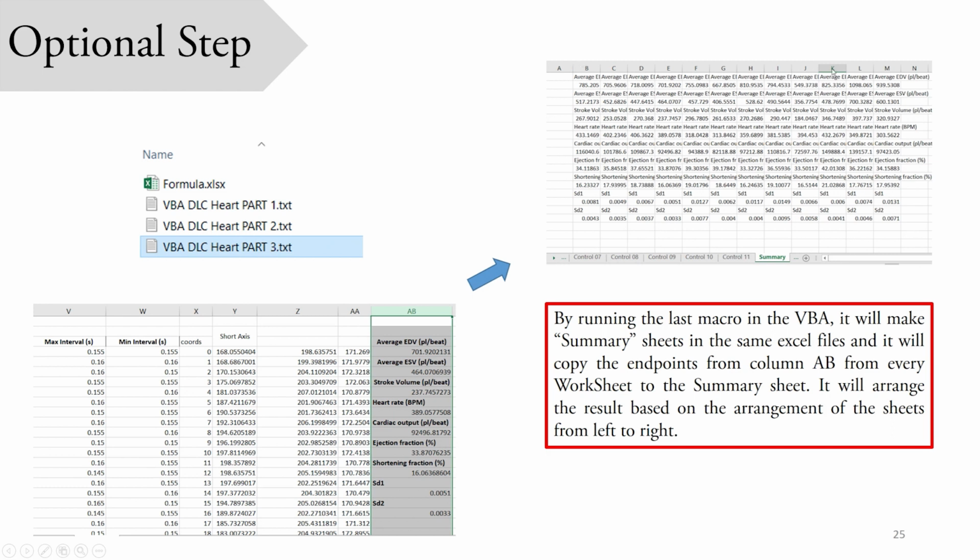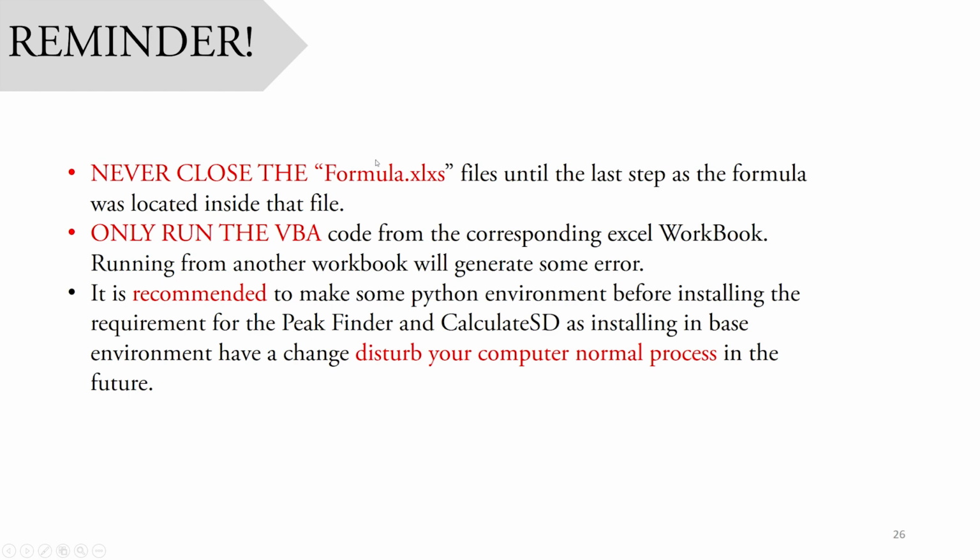You can either use it or not, but if you want to automatically summarize everything, it's recommended to use this program. And there are some reminders when you use this program. First of all, never close the formula Excel file until the last step of the formula, and only run the VBA code from the corresponding Excel workbook.